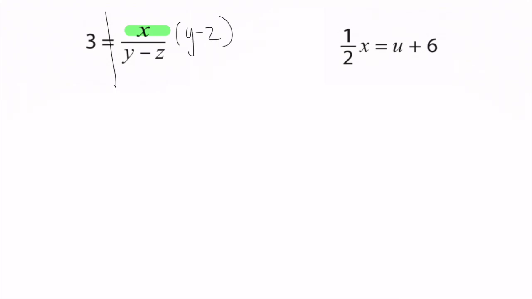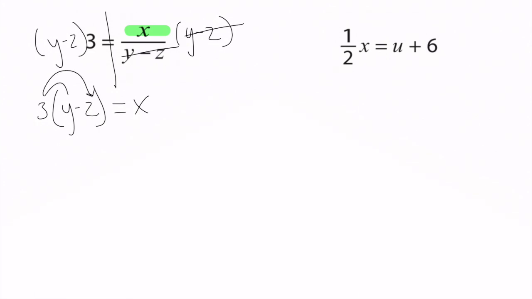We're going to multiply both sides by y minus z. Then we have x by itself on this side, and then we have 3 times y minus z. You can leave it like this, or we can distribute that 3, so then we're left with 3y minus 3z equals x.